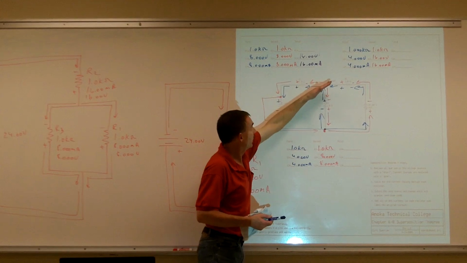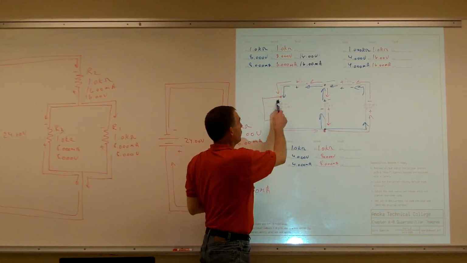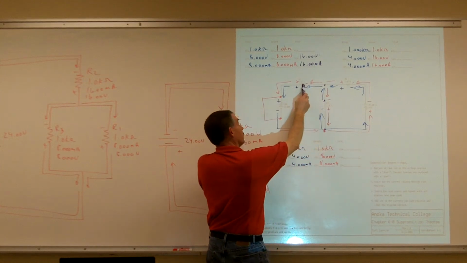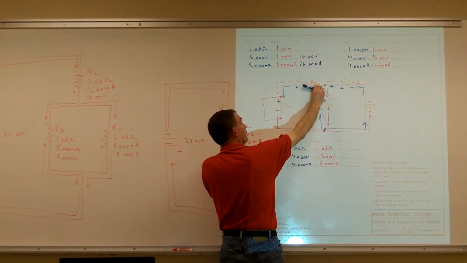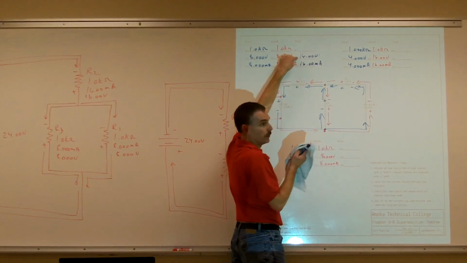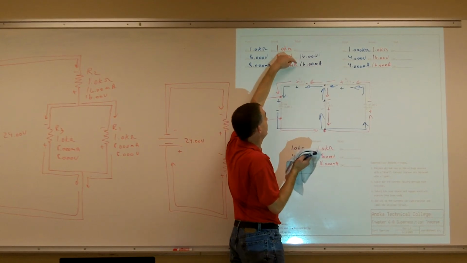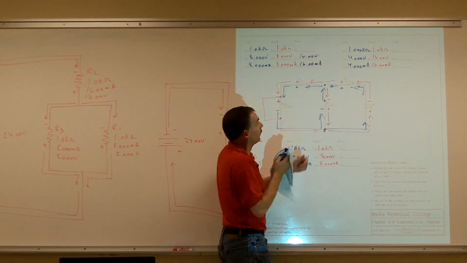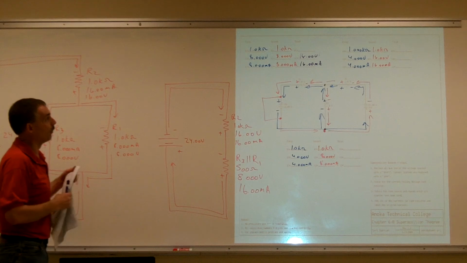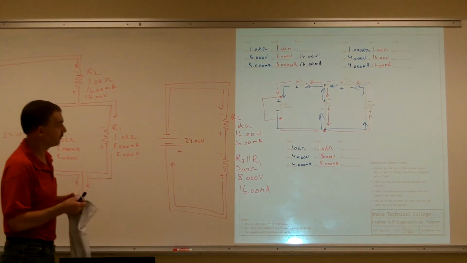I get the current from this power supply plus the current from this supply, so twice as much current through this resistor. Since R stays constant, if I increase my current, so does my voltage. So I get 16 volts across R1 at 16 milliamps.